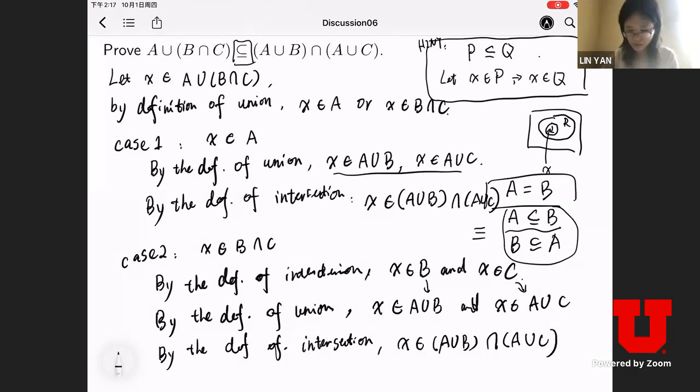So we are done with the 2 cases, but we still need to write down our conclusion.